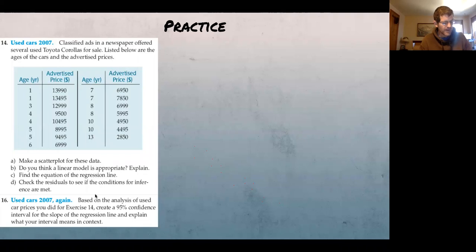We are going to create a 95% confidence interval for the slope of the regression line and explain what your interval means in context. It's good to get into the habit of putting this into the full format. If we're going to state what we're doing, we're basically just going to create a confidence interval.